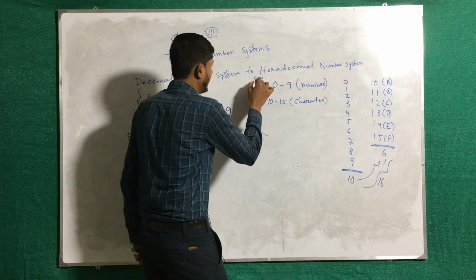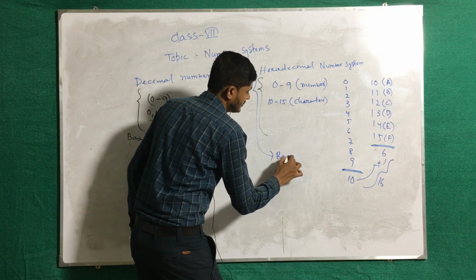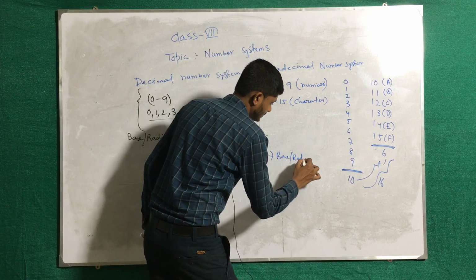So, the base or radix of the hexadecimal number system is 16.